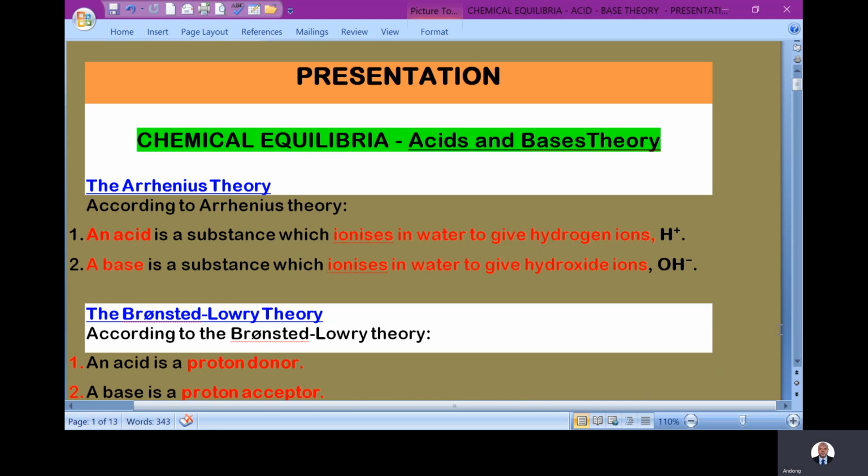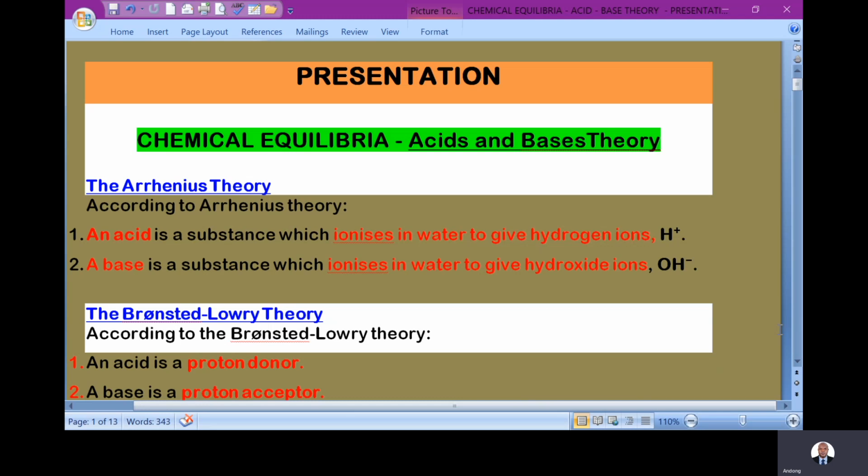There were two theories that we studied. We took Arrhenius theory of acids and bases, and we also discussed the Brønsted-Lowry theory of acids and bases. In these two theories, they are one and the same thing, but they differ in their presentations.